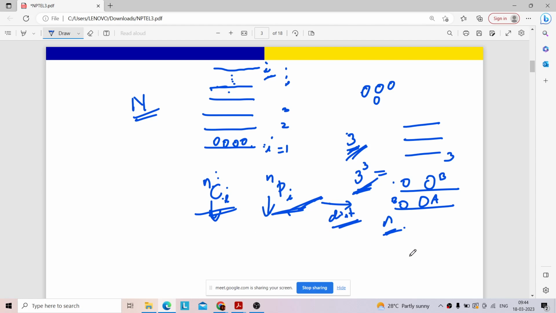And combination, if we consider identical marbles, then there is no meaning of arranging, because they are identical. If I arrange this here and this here, or put this here and take this here, they will look the same. So in the identical case, we will use combination, right? So now the case is that each energy state has some substructures.